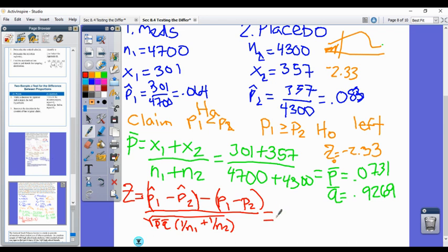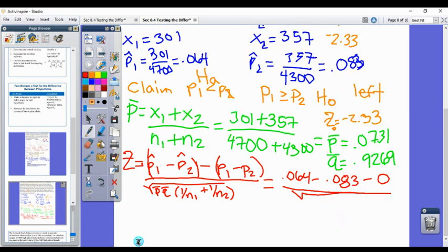Okay, so we have 0.064 minus 0.08883 minus 0 over the square root of, let me get myself more room.